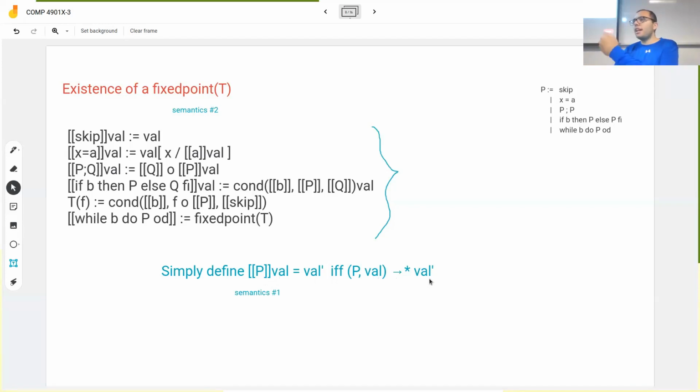I terminate, and I terminate at val prime. So this gives me a bunch of semantics for each one of my subprograms and my original program as well, and they satisfy these requirements here.